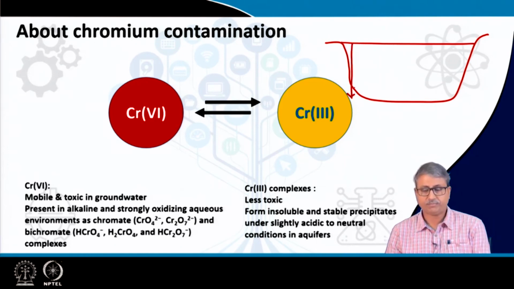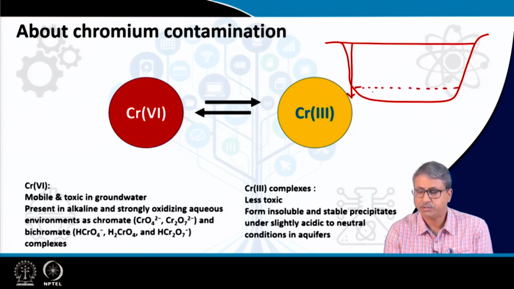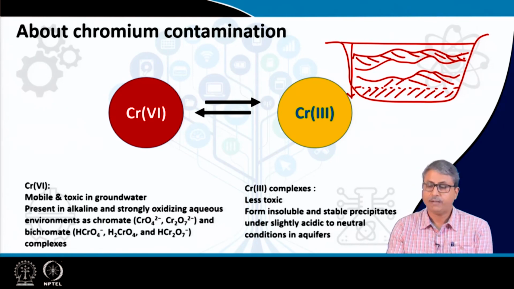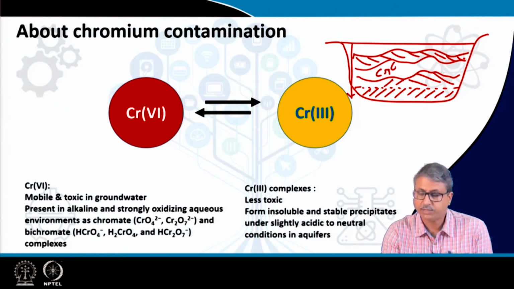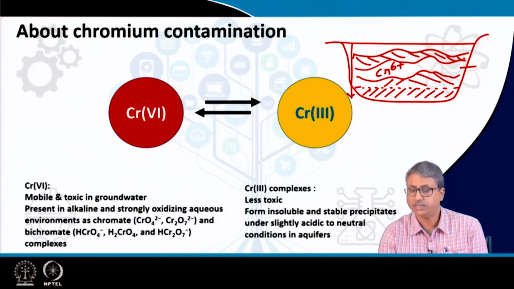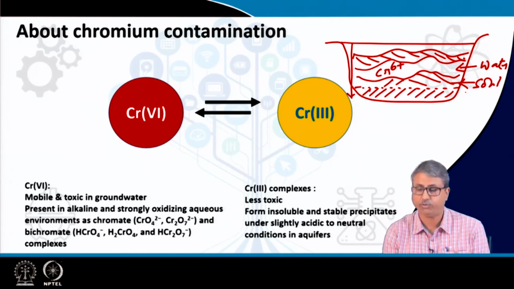You have the water inside and this is the sediment part, and in between you have, for example, the aquifer, and otherwise all these are different layers of sediments and rocks. Now, within this you have the chromium 6 plus. Chromium 6 plus will therefore be in the aqueous phase. So, this is the water phase and this is the solid phase, the rock, silt, sand, sediment etc., under the aquifer environment.